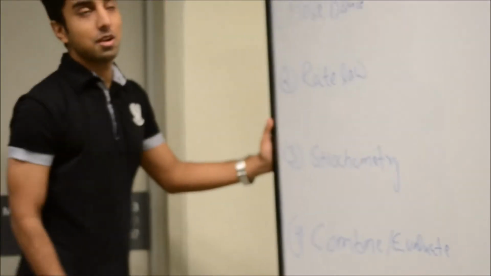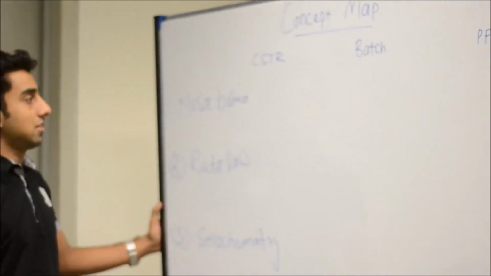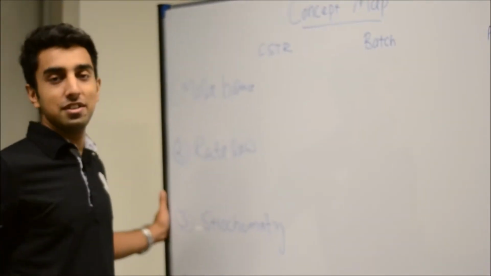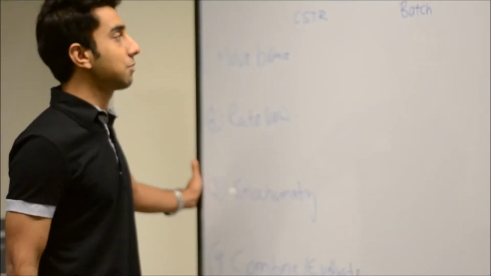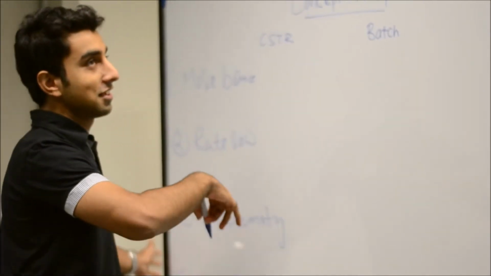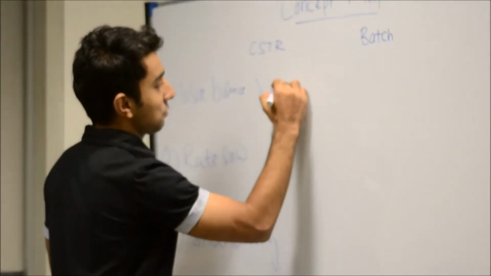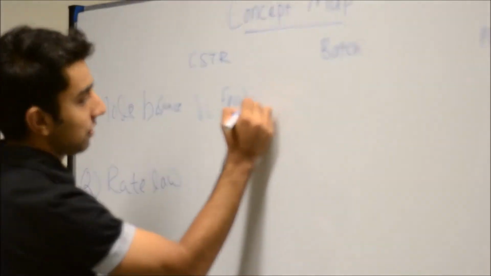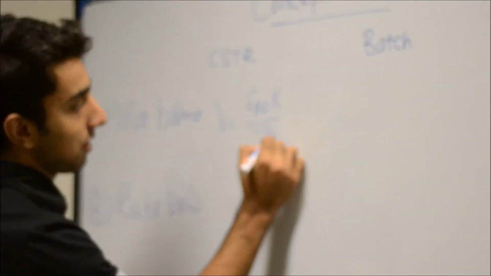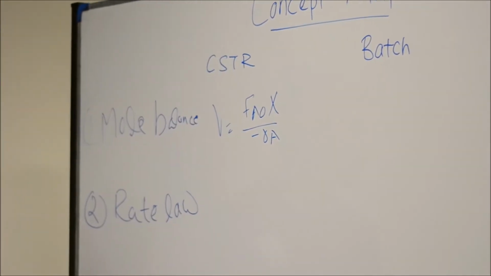So first I'm going to do the first part, which is the mole balance. As we have studied this already in chapter 1, I'm going to write the first equation for CSTR. V is equal to FA naught X over minus rA. Okay? Yes.